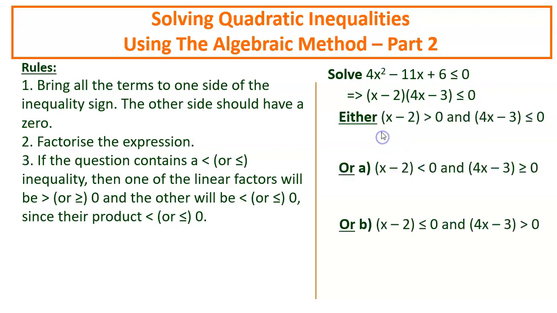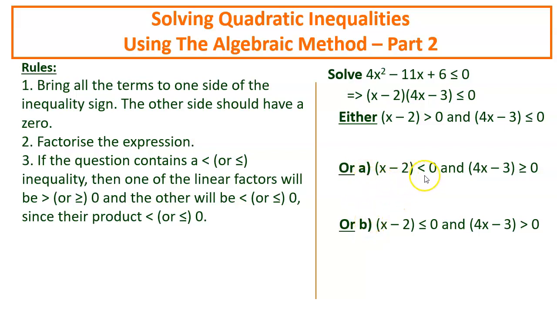So either x minus 2 will be greater than 0 and 4x minus 3 will be less than or equal to 0. Now in this case we are having this equality sign. So with which linear factor should we be including this equality sign? I have included this equality sign with the 4x minus 3 part, and for the or part you are having two further subdivisions.